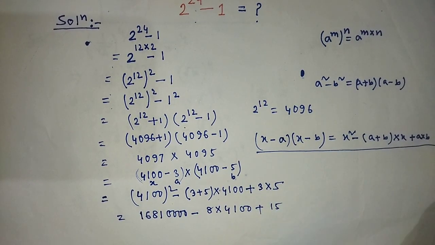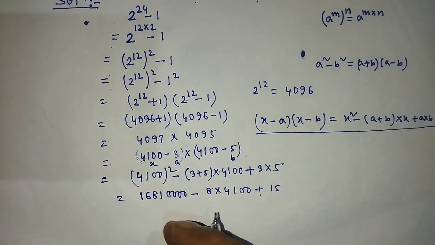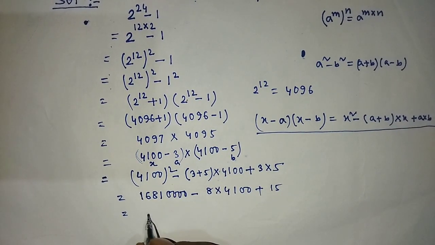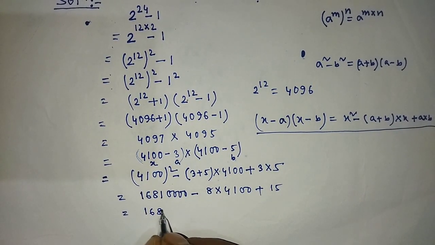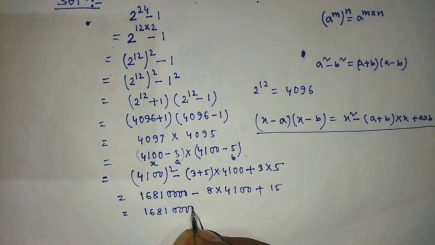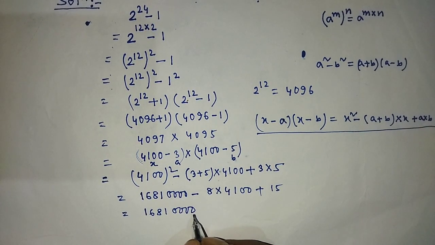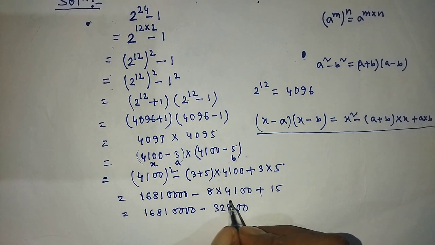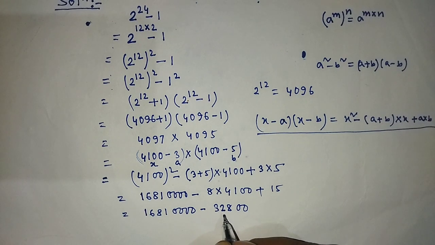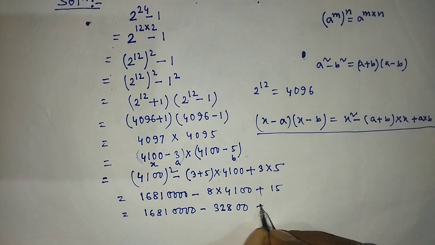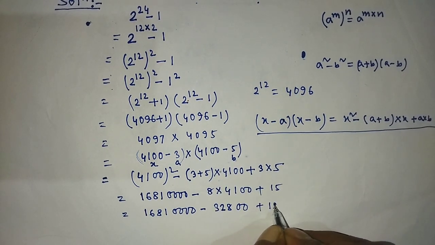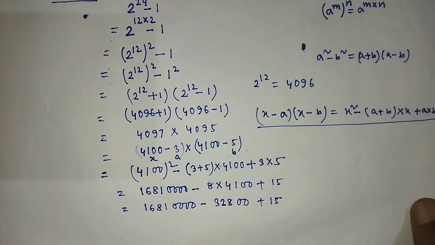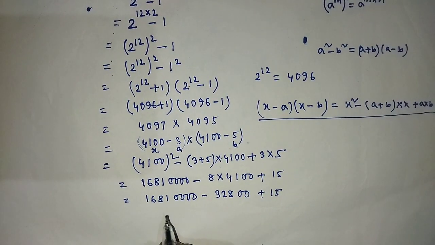Okay, student. So my dear student, after that again you have to write 16810000, and then you have to take minus. If you multiply 8 with 4100, then you get 32,800, plus again you have to take 15. Okay, student.